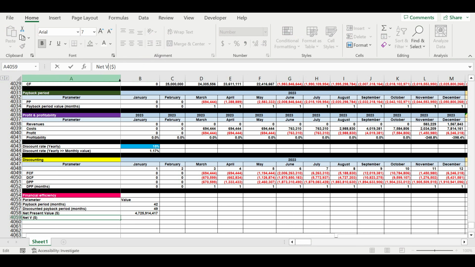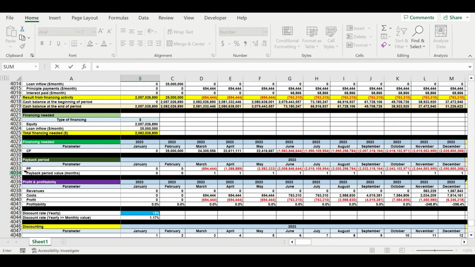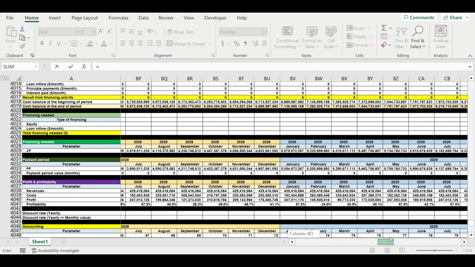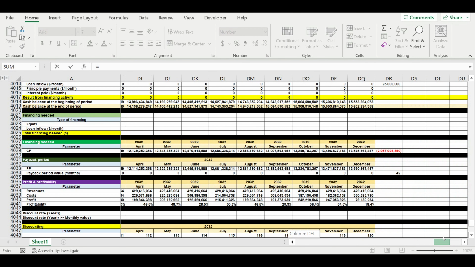We will go to the simple payback period and we will take the last value of this table. I will take this value.